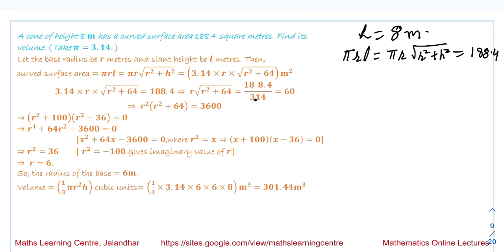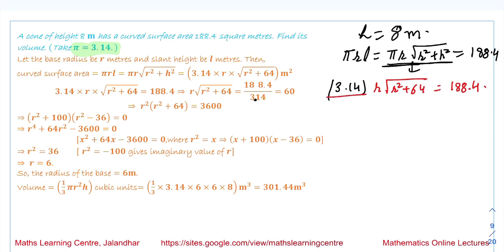So from this equation, if we substitute the value of h, we get 3.14. We have to use pi is equal to 3.14. Whatever is given to us, we have to use that value, into r which we want to calculate. It is square root of r square plus h square, that is 64, is equal to 188.4.